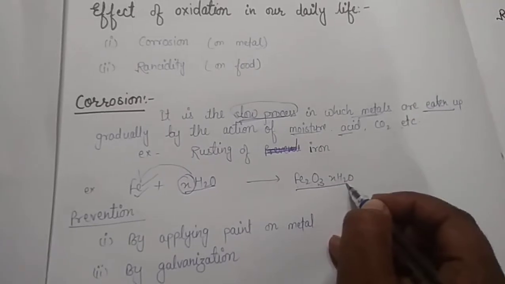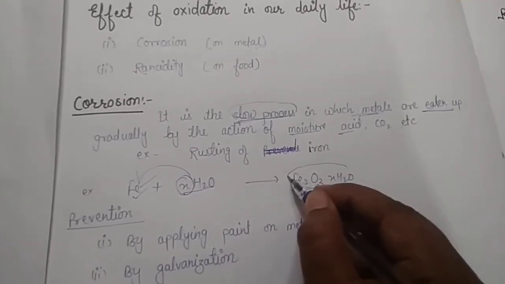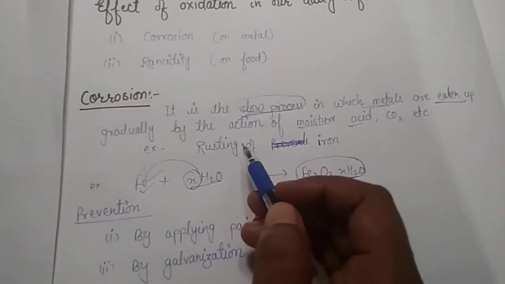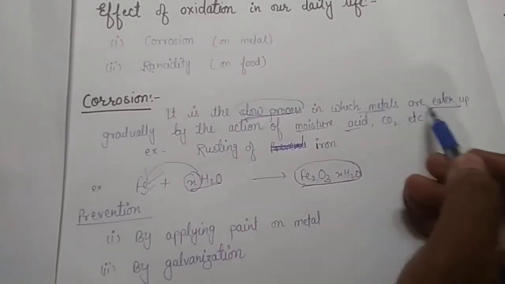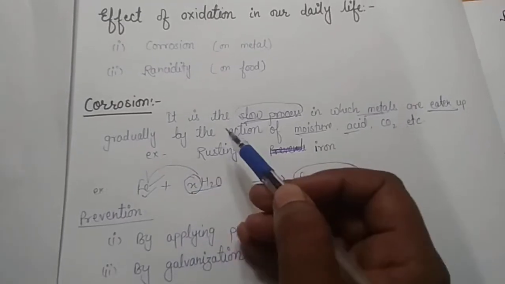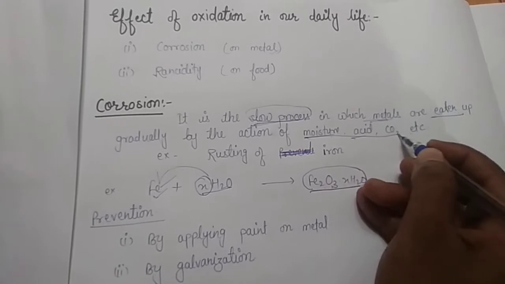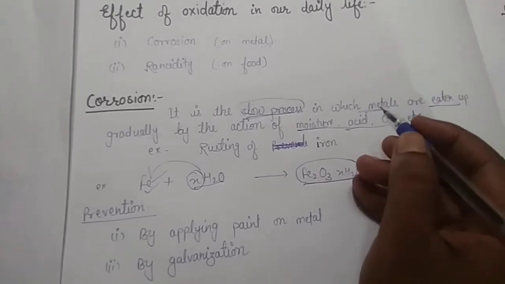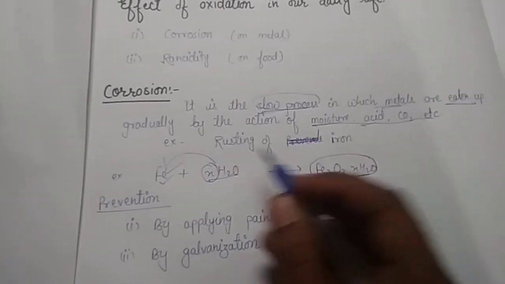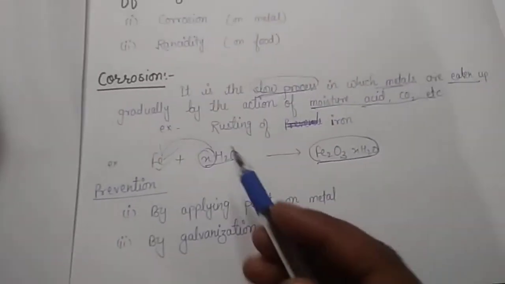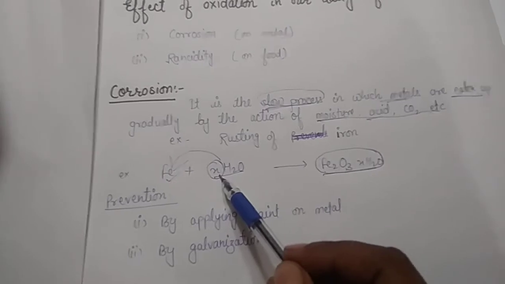This is the rust of iron. So the process in which metals are eaten up gradually or slowly by the action of moisture, acid and so on, underline this point, is called corrosion.